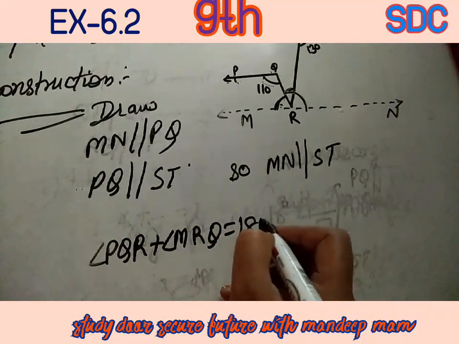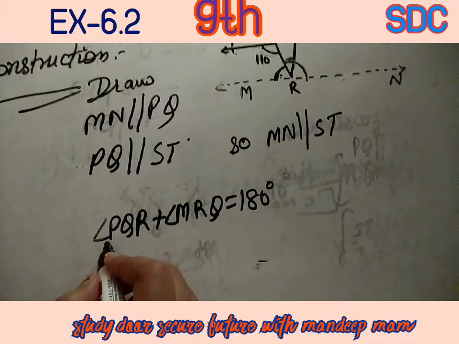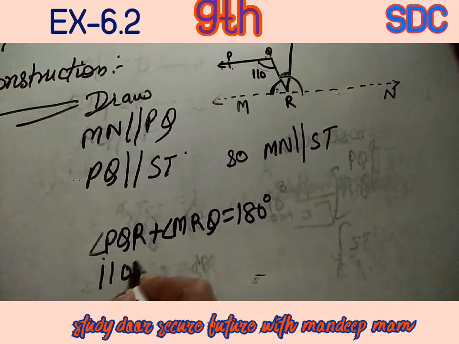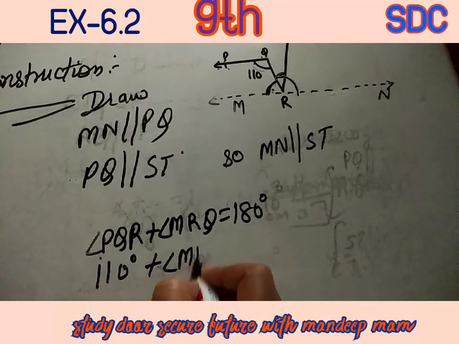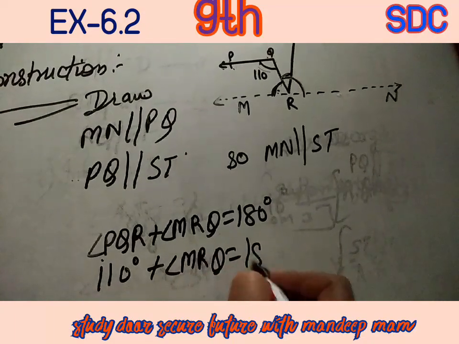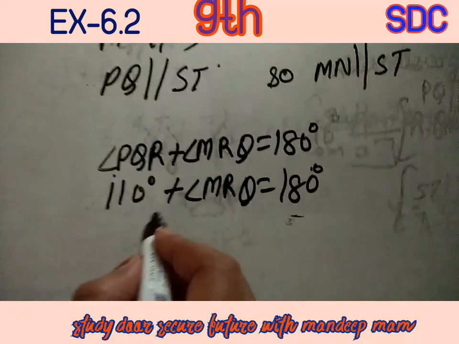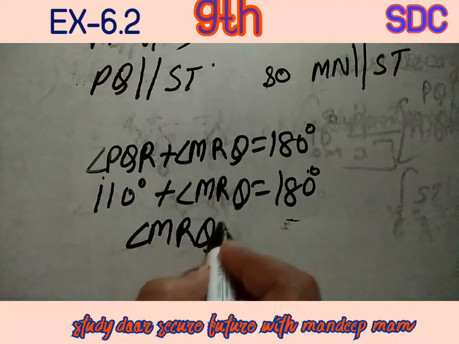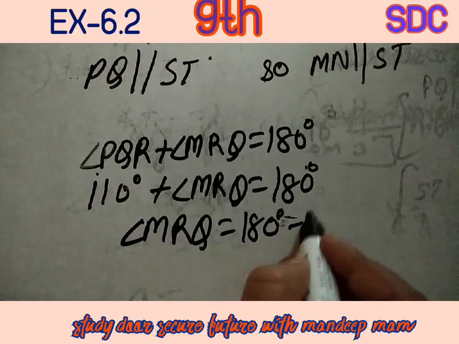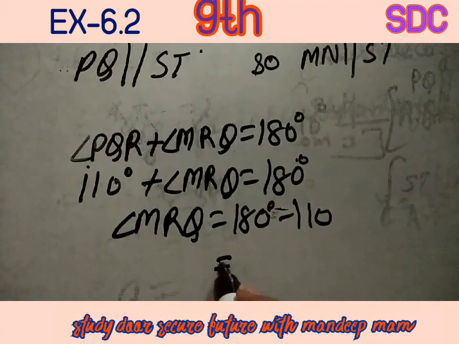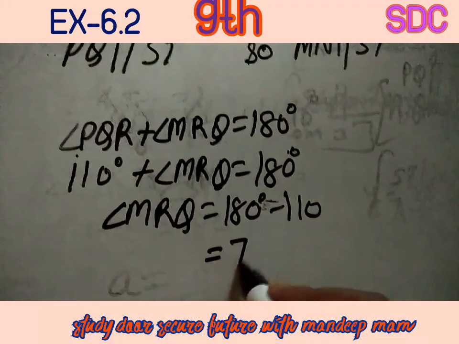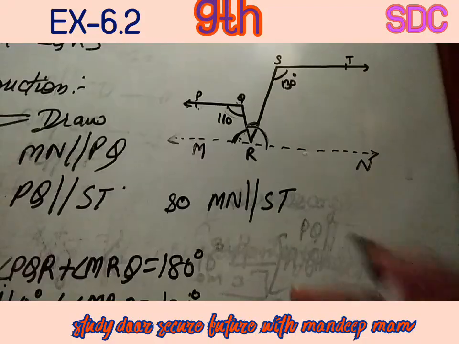Both are equal to 180 degrees. The value of PQR is 110 plus angle MRQ is equal to 180, so the value of MRQ is equal to 180 minus 110, that is 70 degrees.